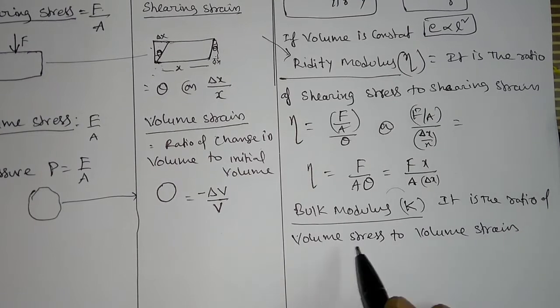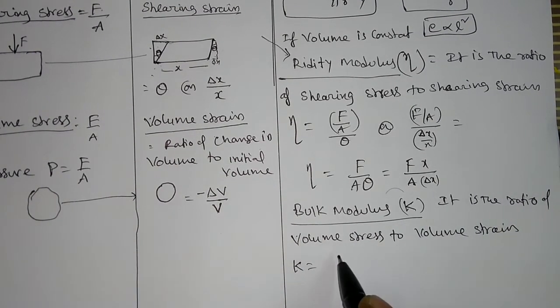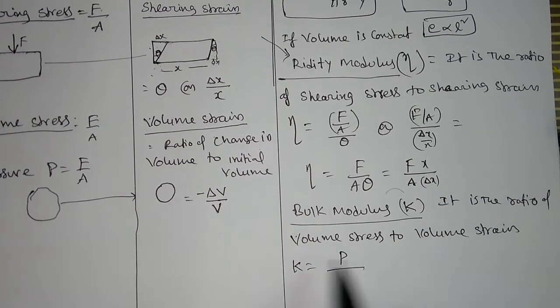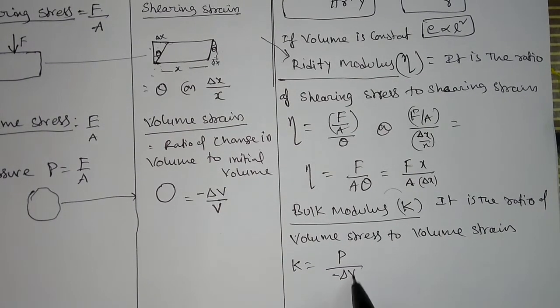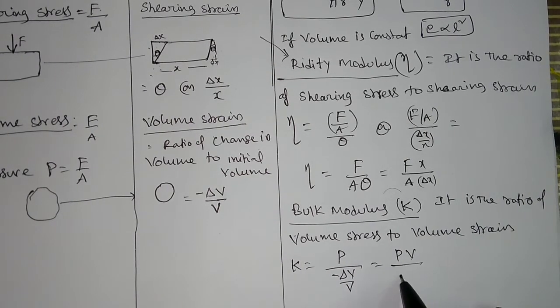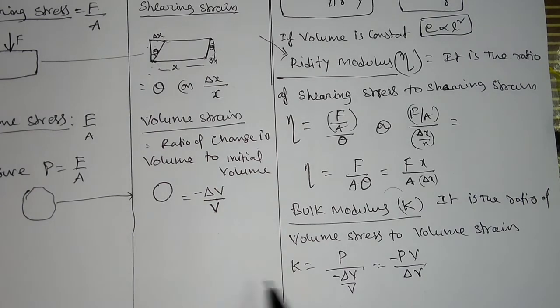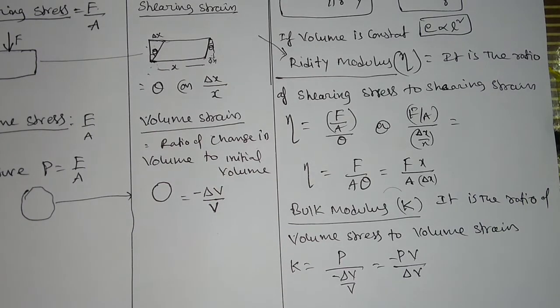Mathematically, K is equal to volume stress, which is the volume pressure, by volume strain, which is minus delta V by V, or simply you can write K equals minus PV by delta V. Okay, this is about the bulk modulus.